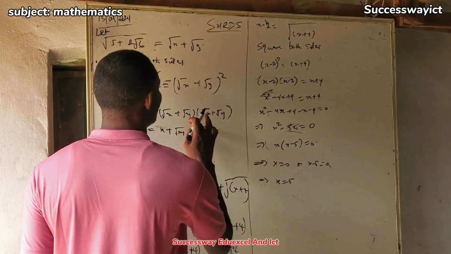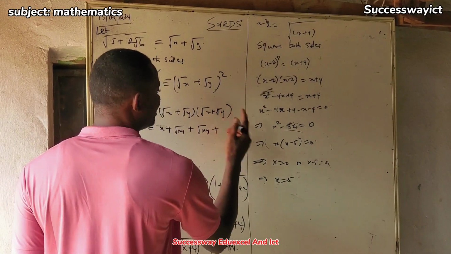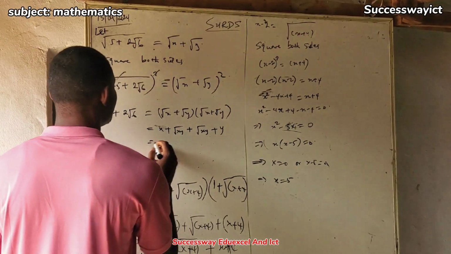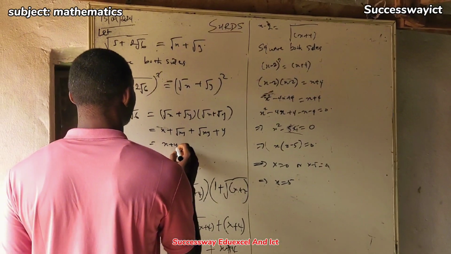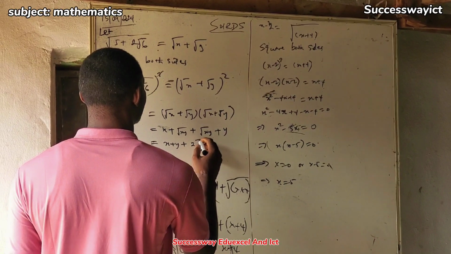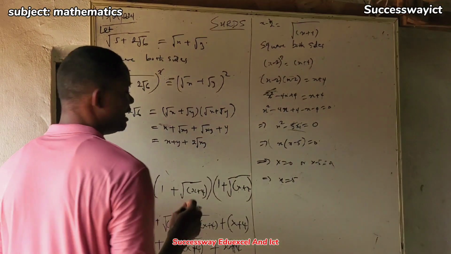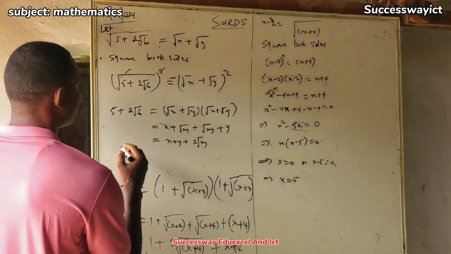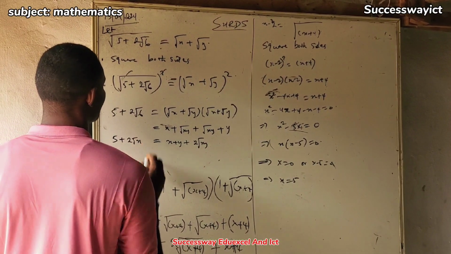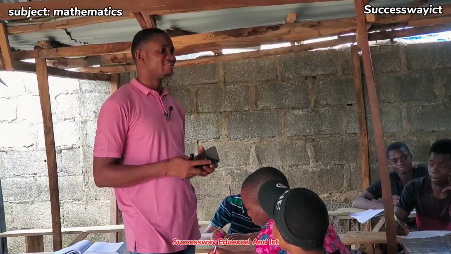Then plus root y times root y is equal to what? Plus y. This is the same thing as x plus y plus 2 root xy. So we can say that 5 plus 2 root 6 is equal to this.